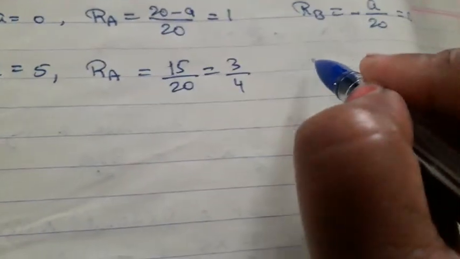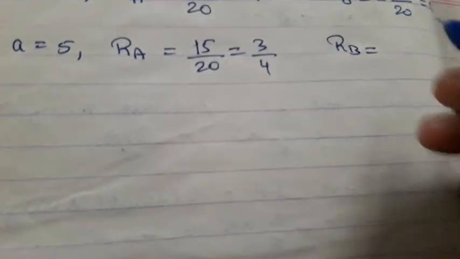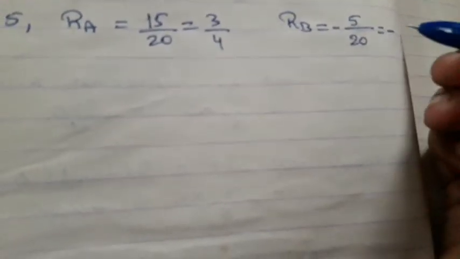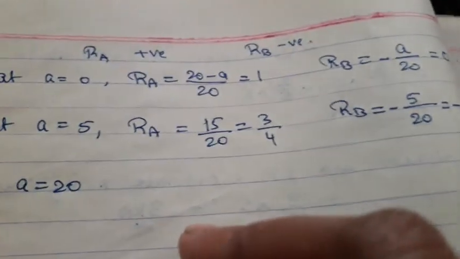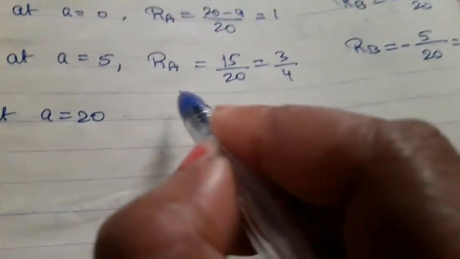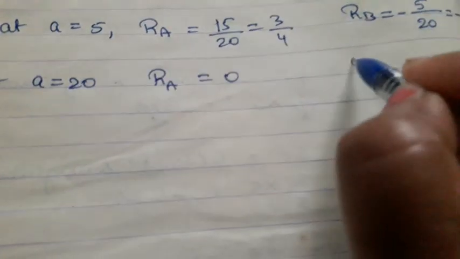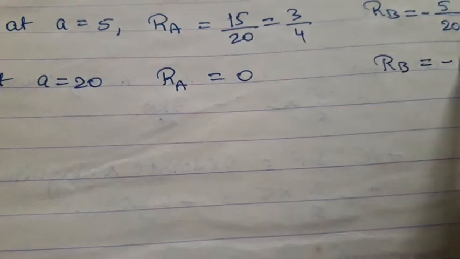In the same way, RB is equal to minus 5 by 20, which you can write as minus 1 by 4 when A is equal to 5. At A is equal to 20, RA is equal to 0 and RB is equal to minus 1.